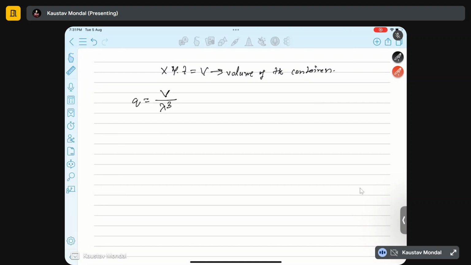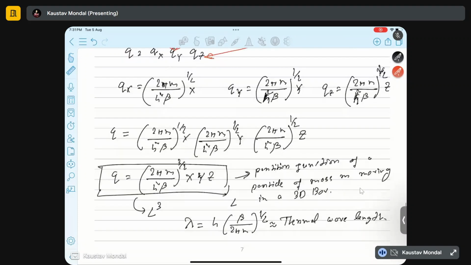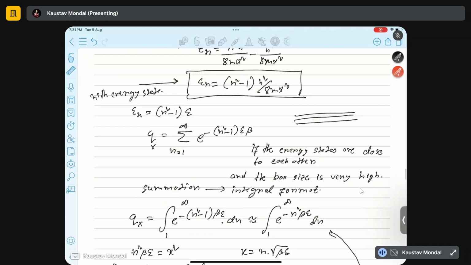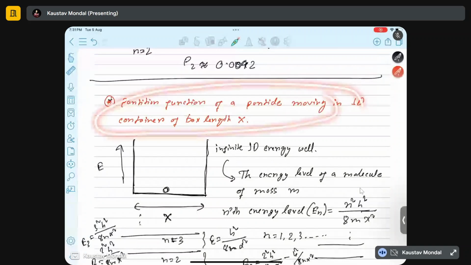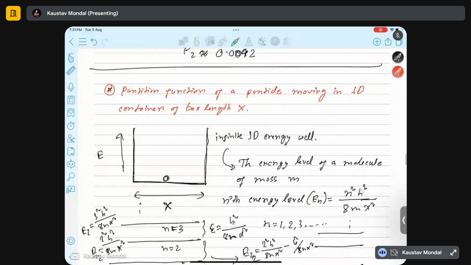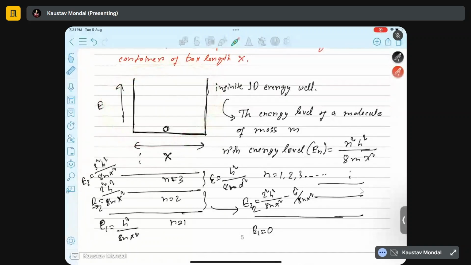Now let me recapitulate what I've discussed so far. Initially we started from a particle moving in a 1D container of box length x. This was schematically how the problem looks. The length is only extended in the x-axis. From quantum mechanics, we already know the energy levels in this kind of system. En looks like this, where n has the value 1, 2, 3 and so on. For the sake of our calculation, we first rescaled the energy.